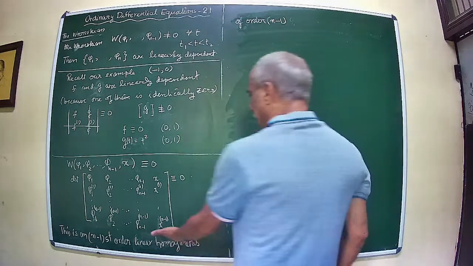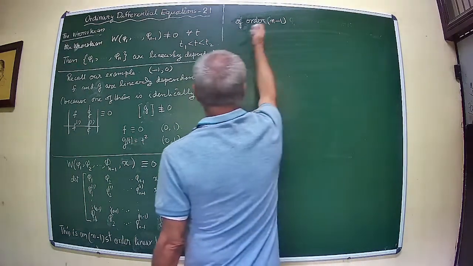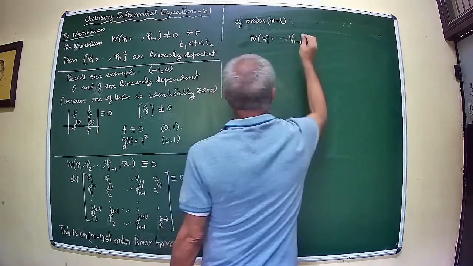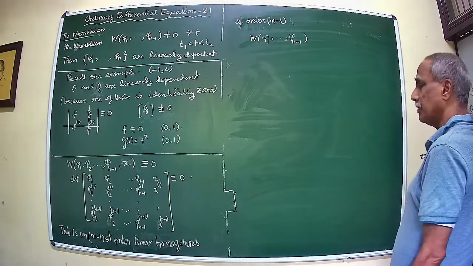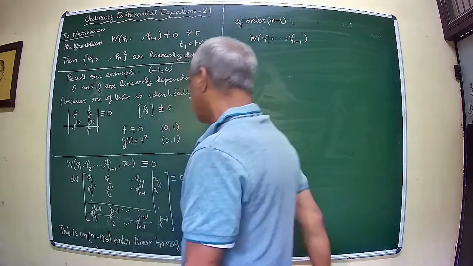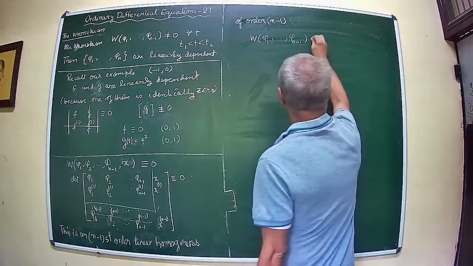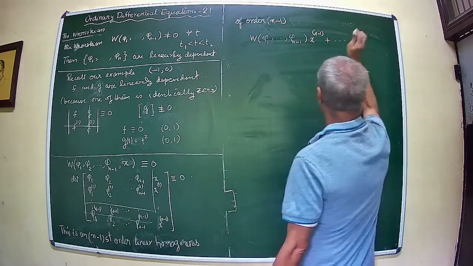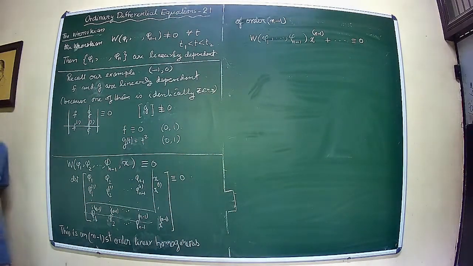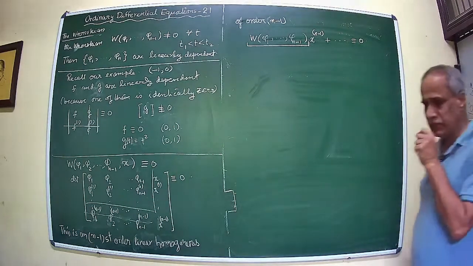So it is something like, you expand along this last column, you will get something like this: W, that is the Wronskian of phi 1, phi 2, etc., phi n minus 1, that is, sorry, this determinant up to this, okay, times etc. And we are assuming that this is not equal to 0. Therefore, you can divide by that.